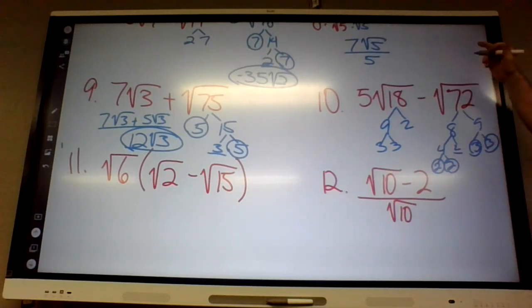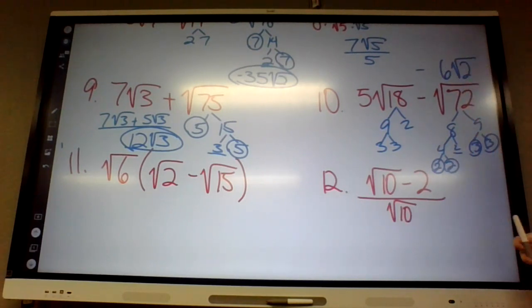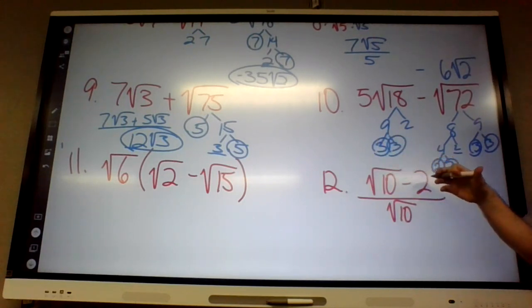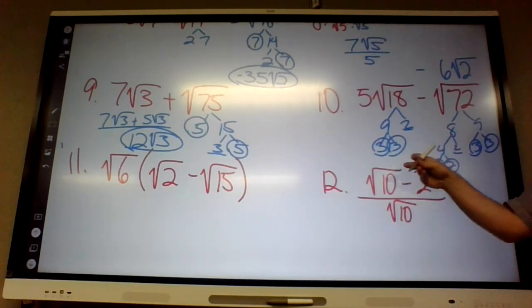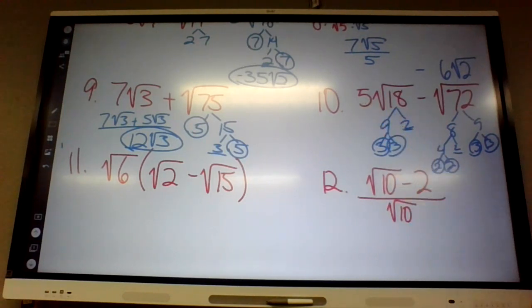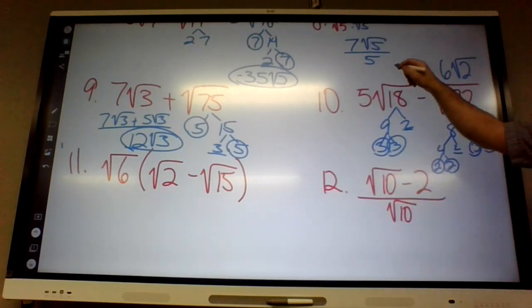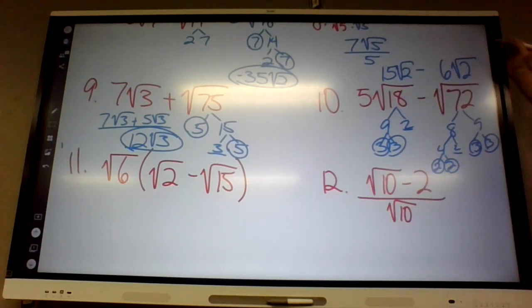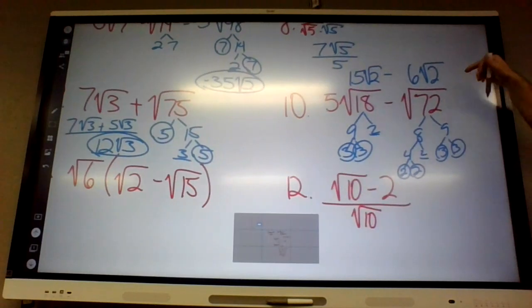I'll write up here. 6 square root of 2. And how about on this one? 3 square root of 2, but the 5 is in front, so it's 15 square root of 2. So we have 15 square root of 2 minus 6 square root of 2 equals 9 square root of 2.